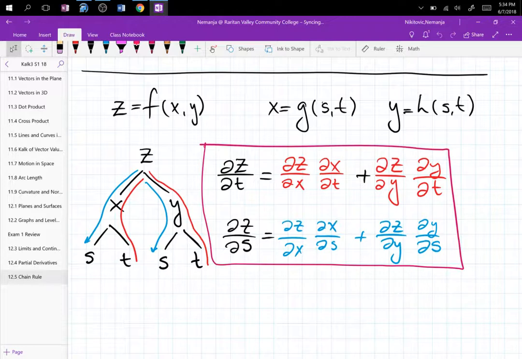On the left side, the one in black, it's a partial derivative because you had s and t. You have two equally weighted parameters that give rise to x, and then x and y, equally important variables that give rise to z. Because the branching was involved in the last one, we are using partial derivative there.